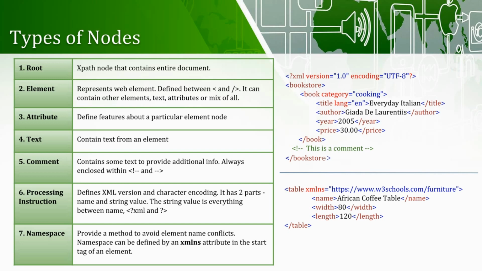For example, the value https://www.school.com/furniture becomes the namespace. So for this table, I have created a namespace. In this way, we can write the namespace for a particular table or element.